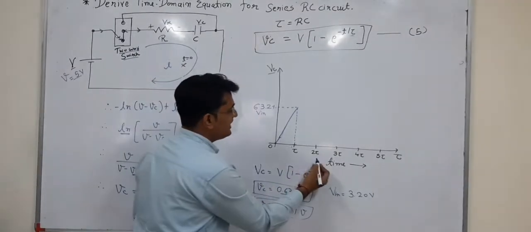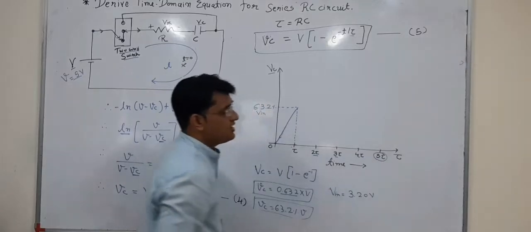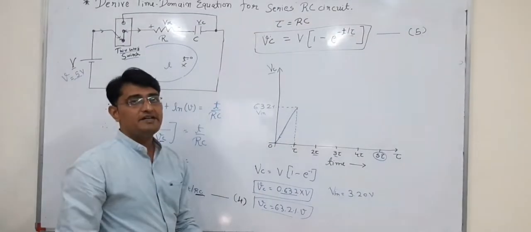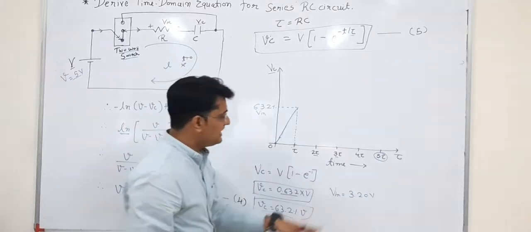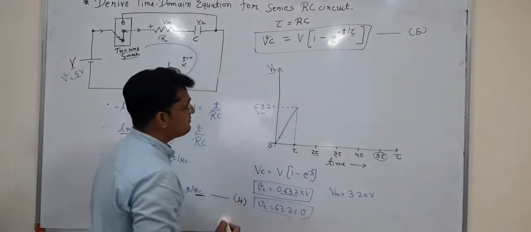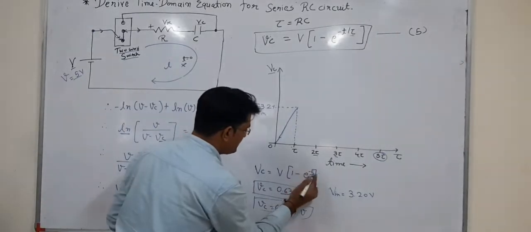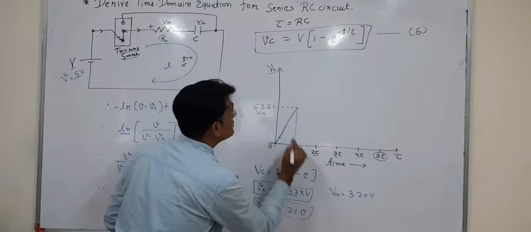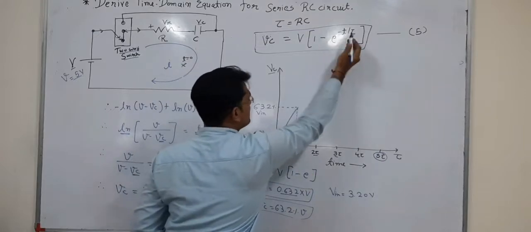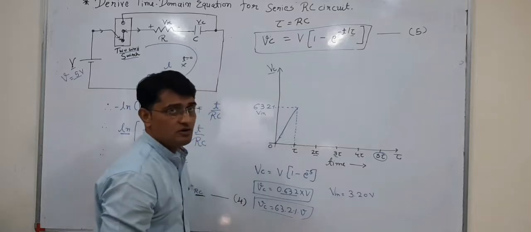Now if we put again t is equals to 2 tau, 3 tau, 4 tau and let's say 5 tau. If I put t is equals to 5 tau, then I will find e raised to minus 5. Here if I put 5 tau, the tau will be cancelled and there will be the minus 5, okay?